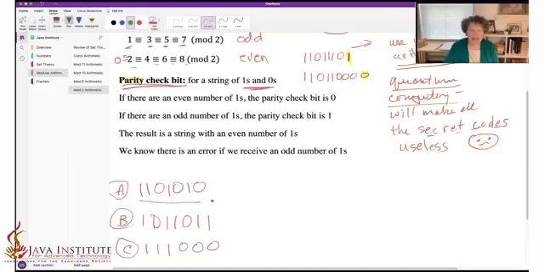Was there a mistake in the transmission here? What do you think?